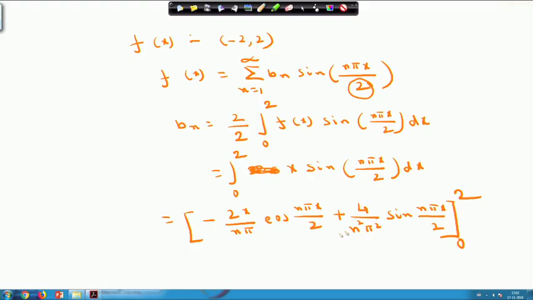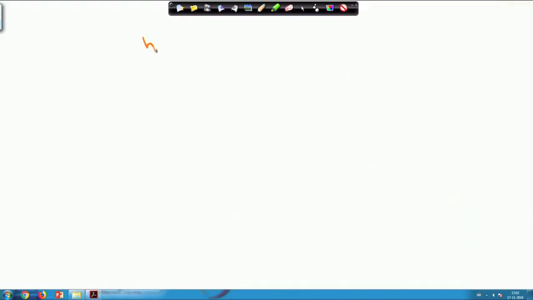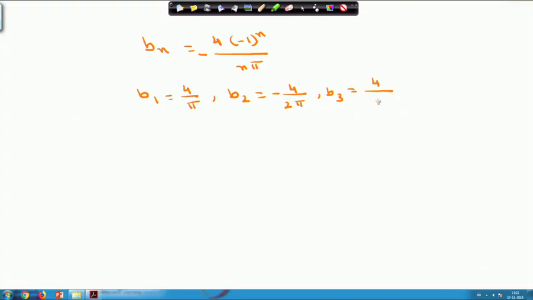So, if I put the limits, I will obtain b_n equals 4 into (minus 1) to the power n by n pi, then the sine term will vanish. So, b_n equals minus 4 into (minus 1) to the power n by n pi. So, I can write b_1 equals 4 by pi, b_2 equals minus 4 by 2 pi, b_3 will be 4 by 3 pi, and it will go like this way.